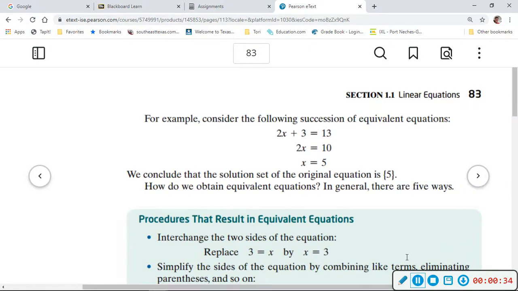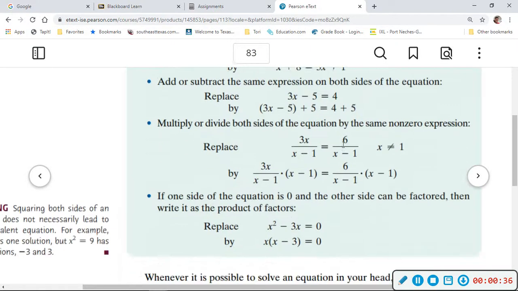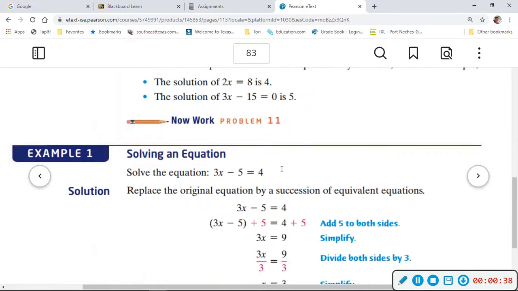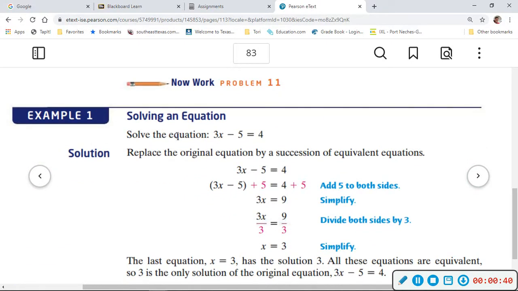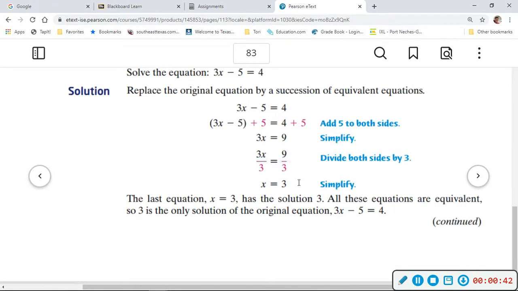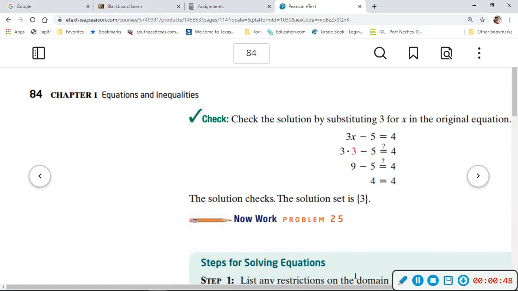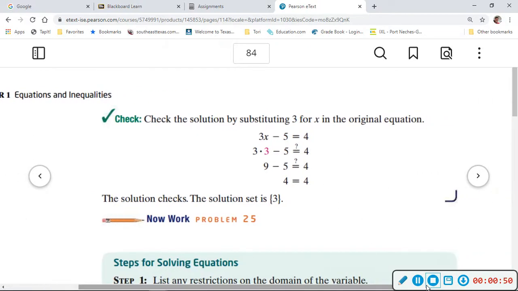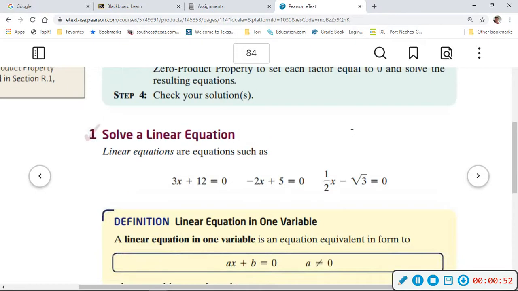I have the book really zoomed in, so I have to scroll. But they give you some examples, and they're showing you step by step once they give you terms. So here's an example, and they're explaining what they do. I'm just going to be showing a bird's eye view, or a bare minimum of what you need to get through your homework.